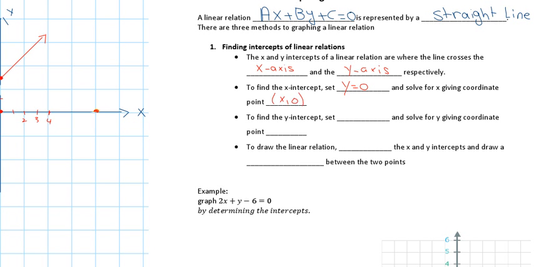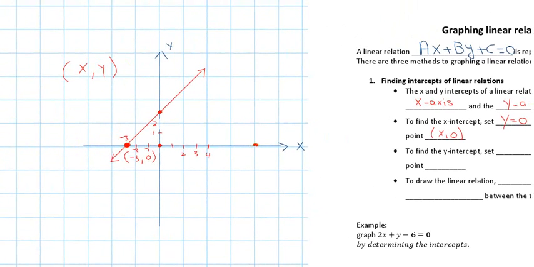Now, the y-intercept is right here. Can you give me the value of that point? What's the x value of that point? 0, because the x value is at 0. This is where my x value is. And then the y value is going to be 3.